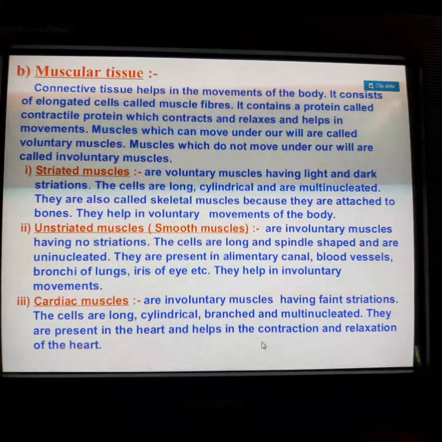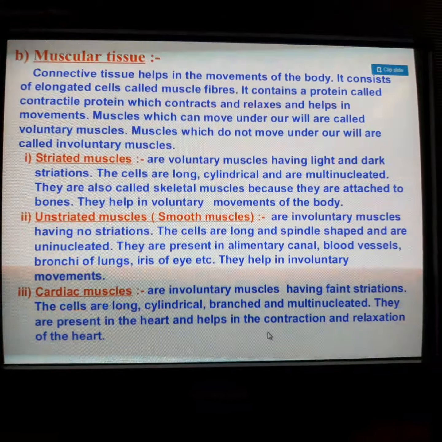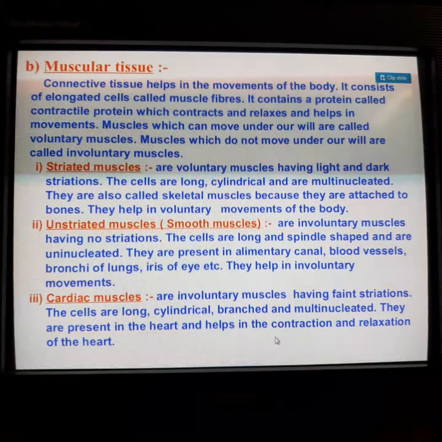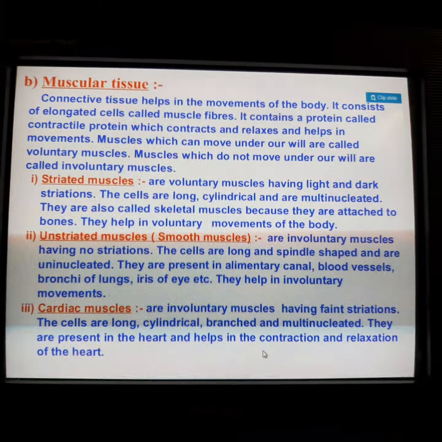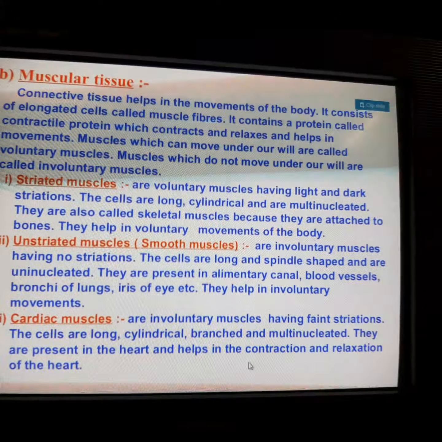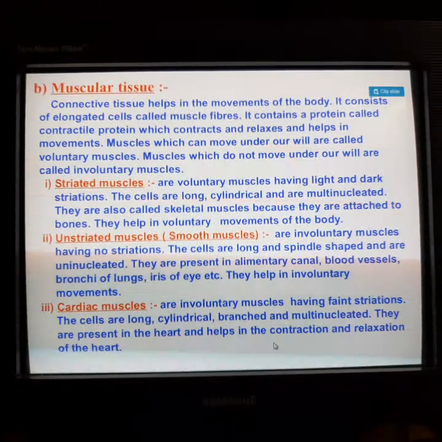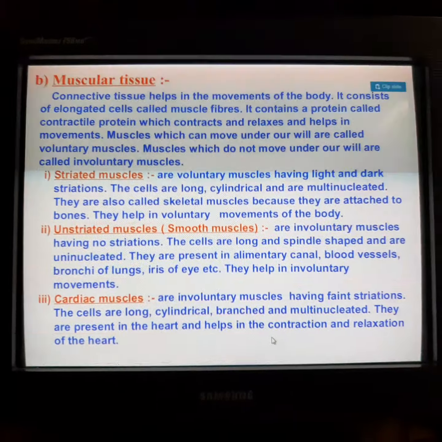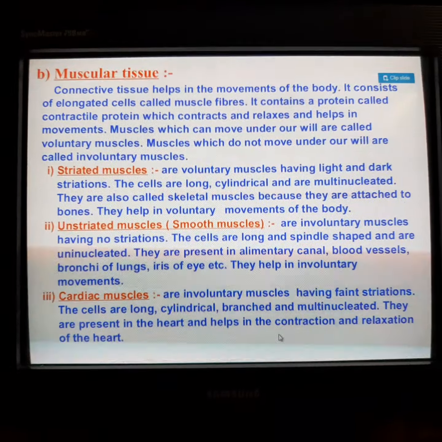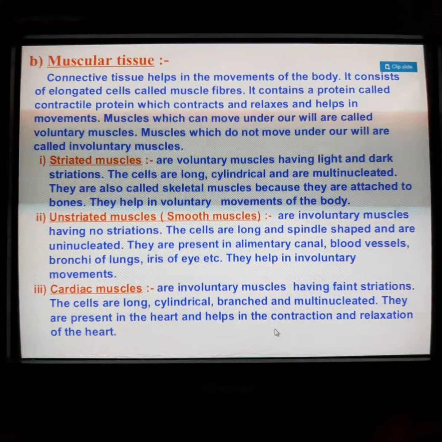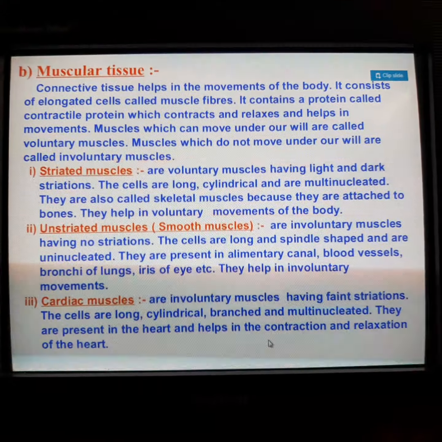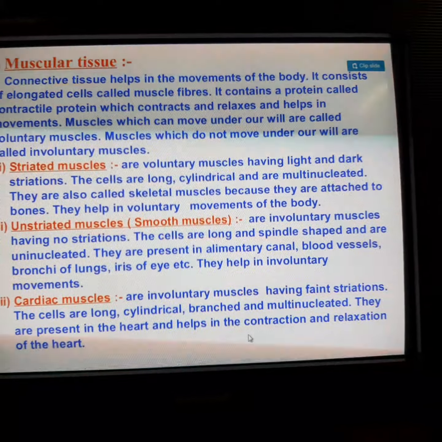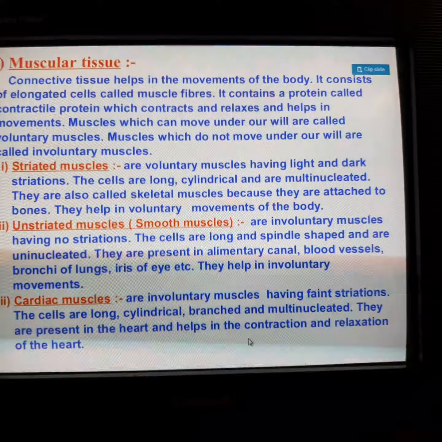Our brain controls the movement of these voluntary muscles. They are called skeletal muscles because they are attached to the bones, and striated muscles because of the presence of dark and light bands over them. These alternating dark and light bands are called striations.